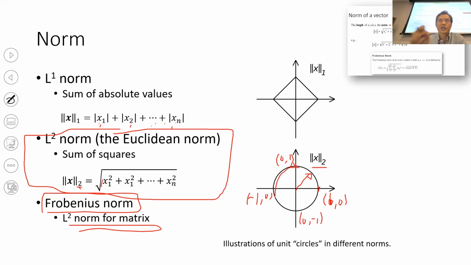Now if you define the points that have L1 norm equal to 1, those points make this square. All the points on this have L1 norm equal to 1.